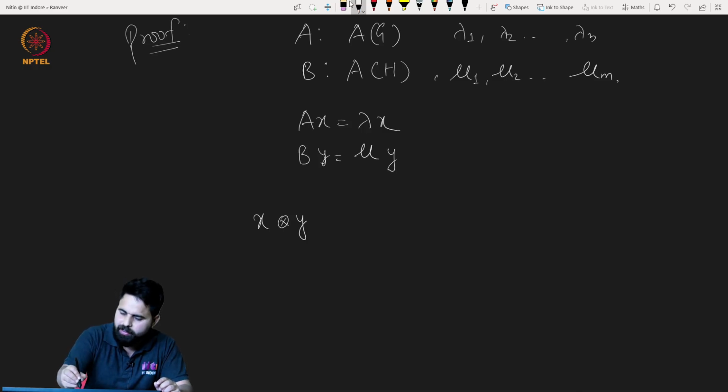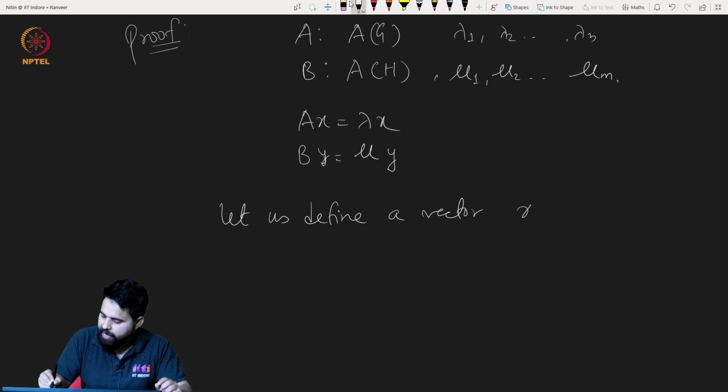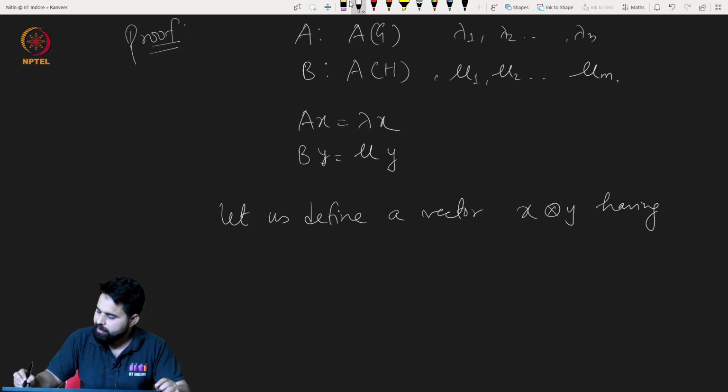Let us define a vector, x cross y, having n cross m entries.